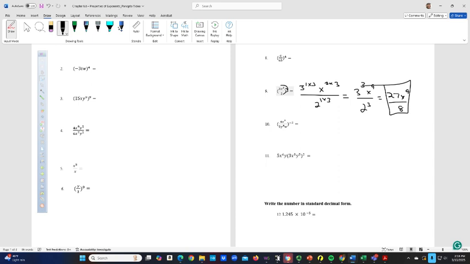However, my negative exponent rule says that if I have a base raised to a negative exponent, I just reciprocate that, and then my exponent will become positive. So if I have an expression raised to a negative exponent, I can just reciprocate the expression and make the exponent positive. So I can just flip this expression.